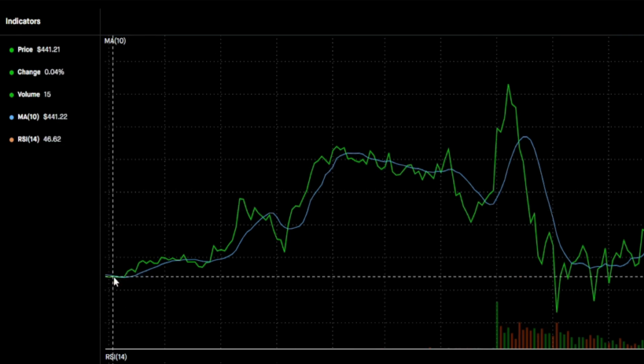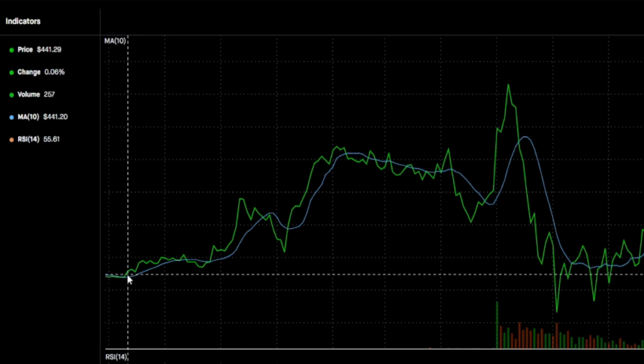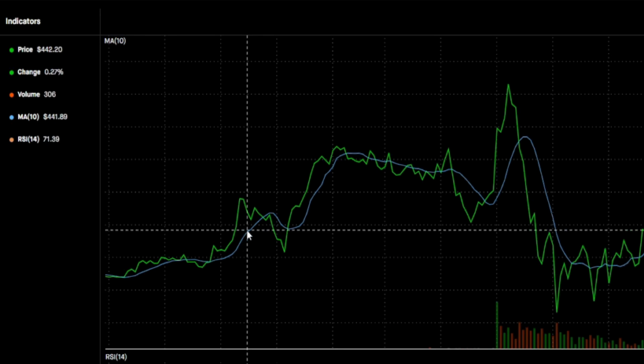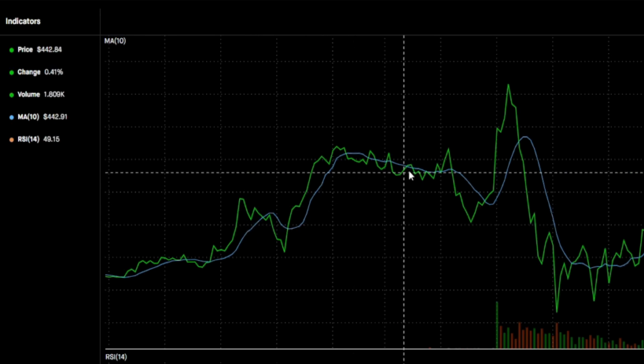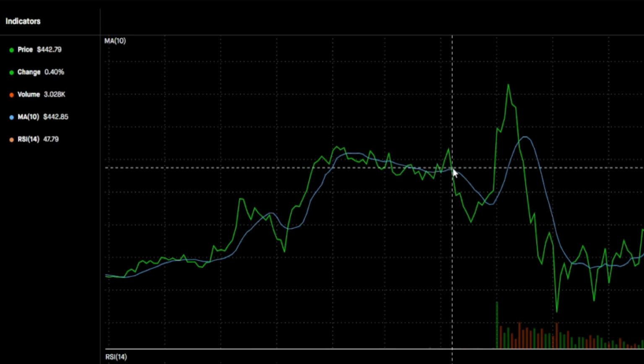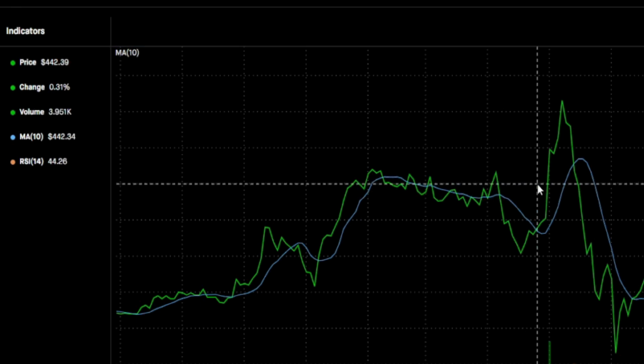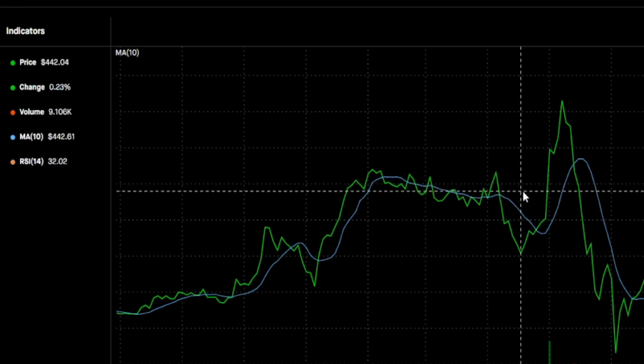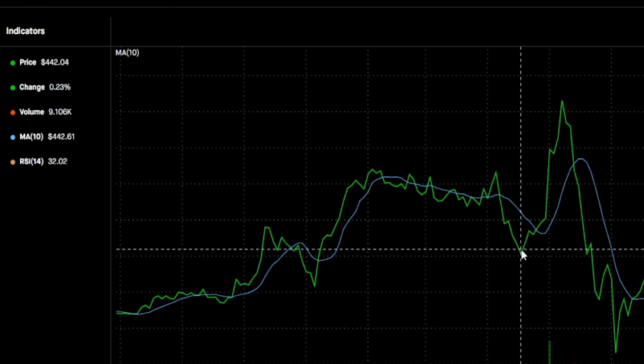Pretty much from 12 a.m., after market hours, it kept going up and down until the stock officially opened at 9 a.m. At 9 a.m. the stock went down to $442.04, and then it started rising.